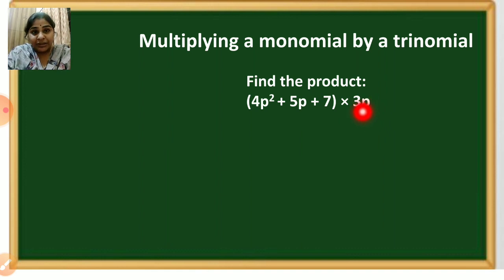This monomial 3p is multiplied for every term in the bracket. So one by one we have to multiply it to every term of the trinomial, and then write the final answer. Okay, so let us see stepwise how to do the multiplication.